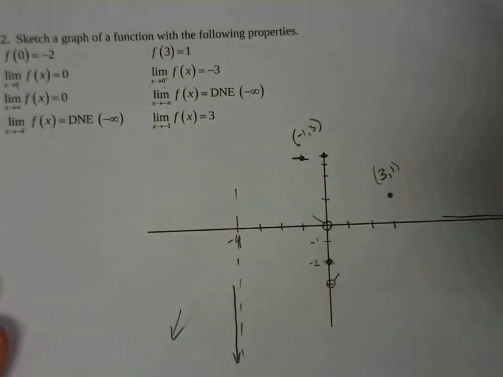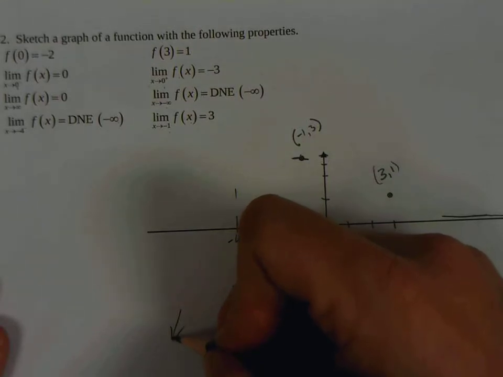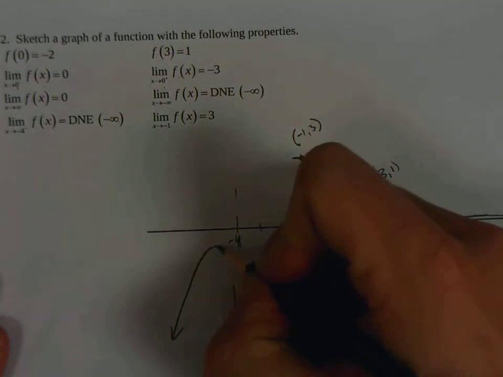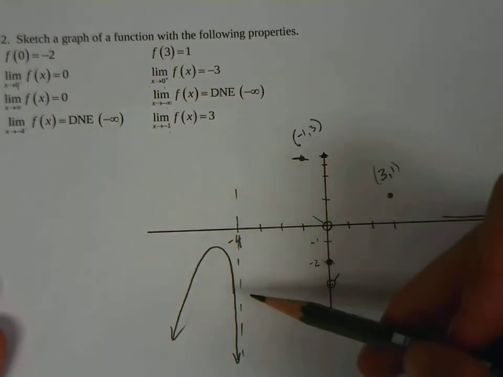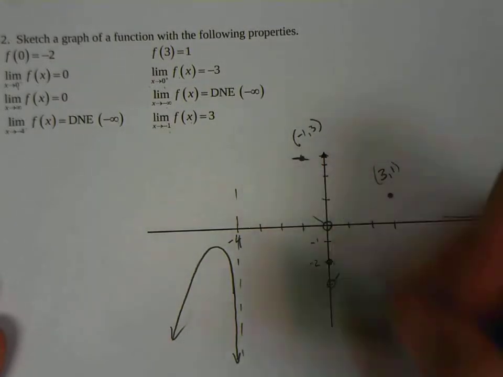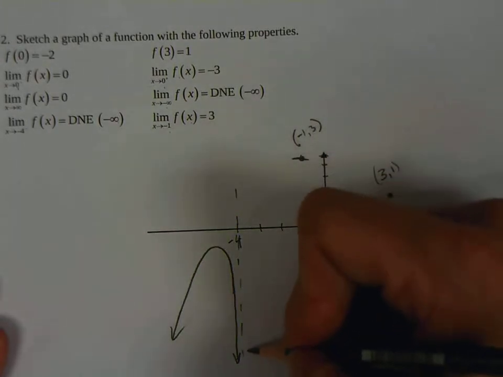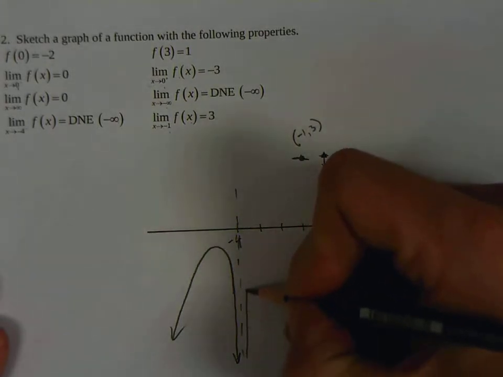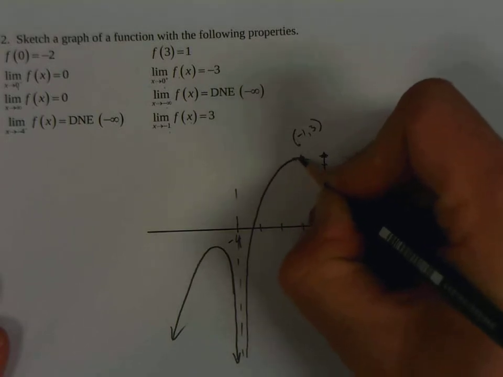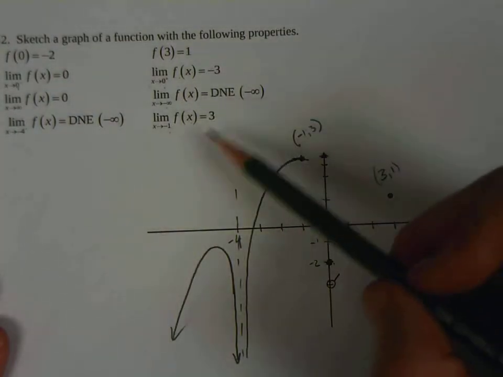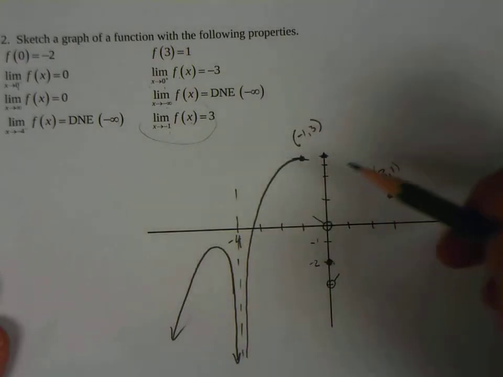I like to connect the dots from left to right. And I also like to make continuous curves. I don't know what happens to the right of negative 4. I can do whatever I want. And I guess I feel like making a vertical asymptote. The next piece I have to connect with is the limit as x approaches negative 1 of f is 3.